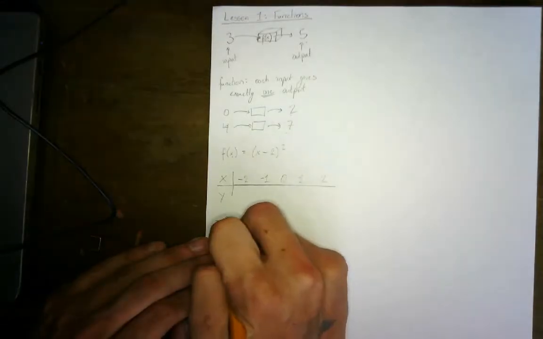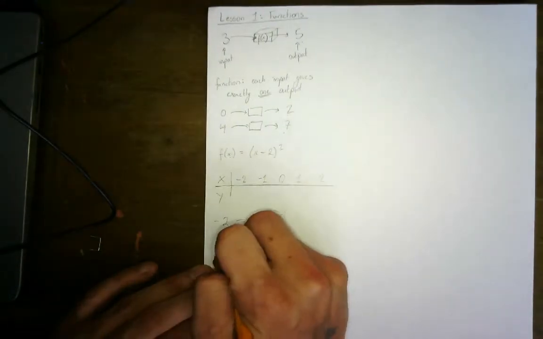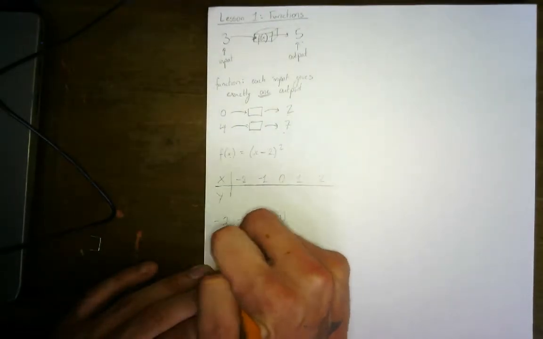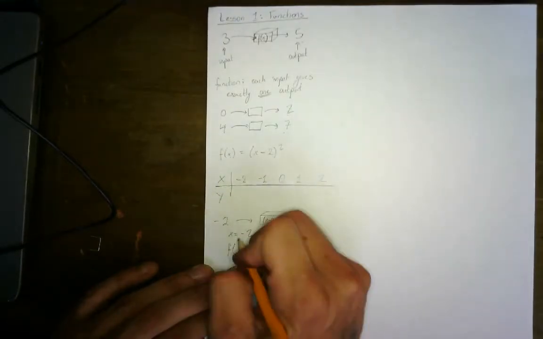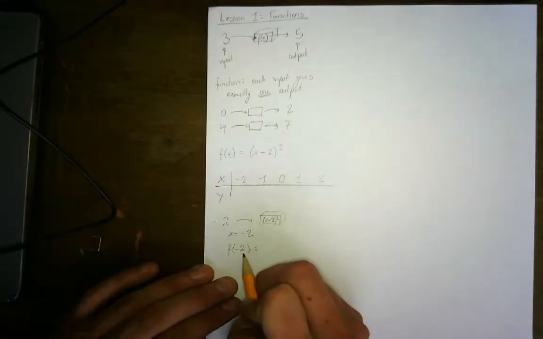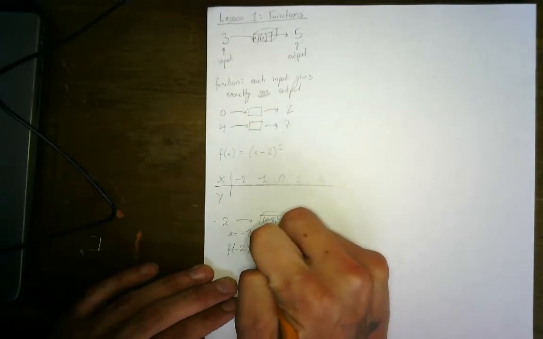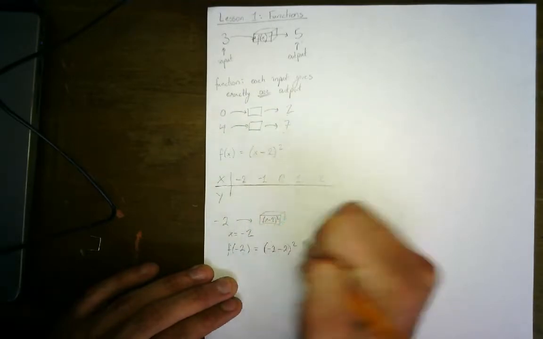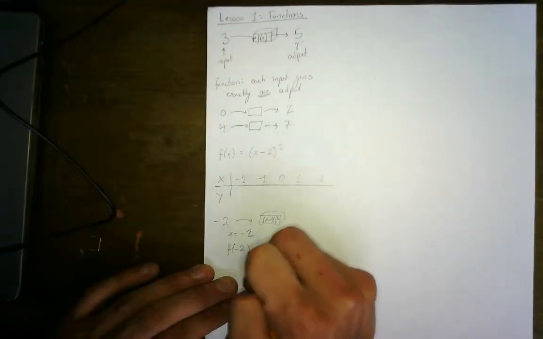So notice how our x is equal to -2 here. So if we wanted to put it in our f of x, again, notation, all it is, our function when we put in -2 can also be seen as (-2 - 2)^2. So we can simplify this.